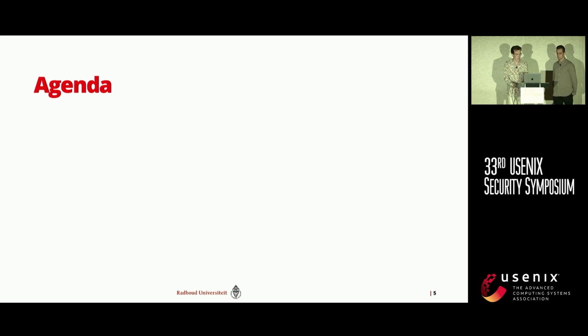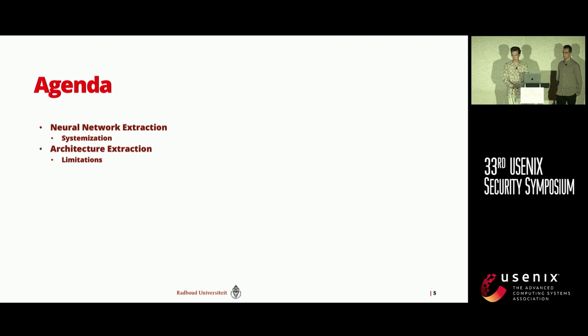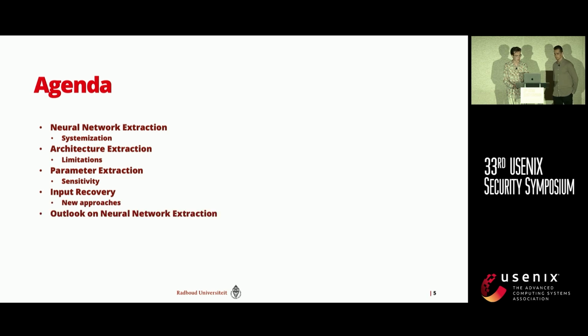In the rest of this presentation we will first talk about neural network extraction, and then the systemization that we performed. Then architecture extraction and its limitations, parameter extraction and the sensitivity of it, and then input recovery and a new approach, after which we finish with an outlook on neural network extraction.